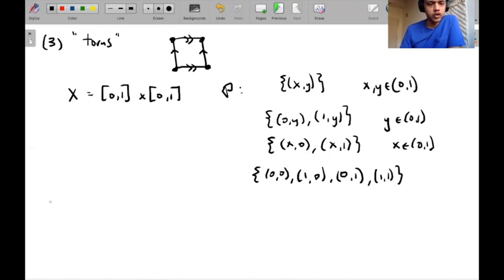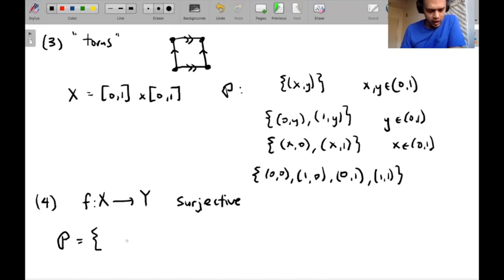Okay, and then there's one more example, which is actually quite important. So this is a general kind of construction. We start with X and Y spaces and a map f, which is surjective, from X to Y. And then we set P to be the partition whose subsets are the preimages of each point.